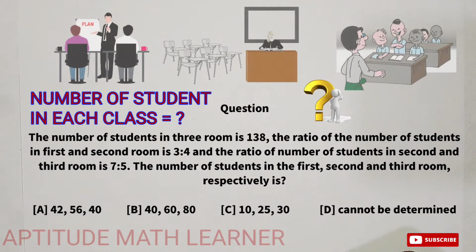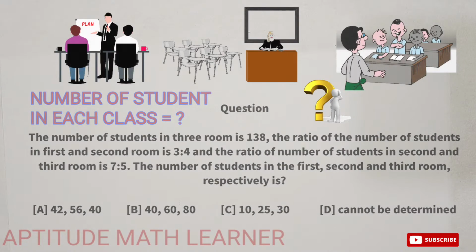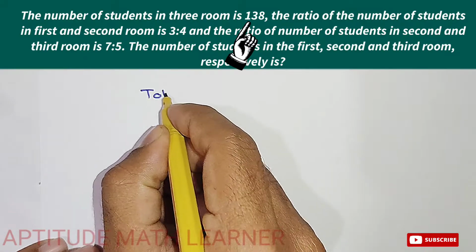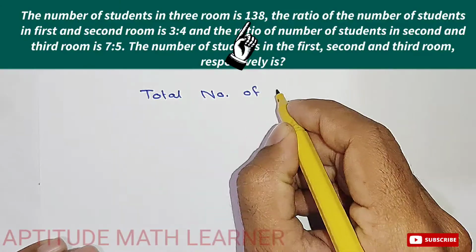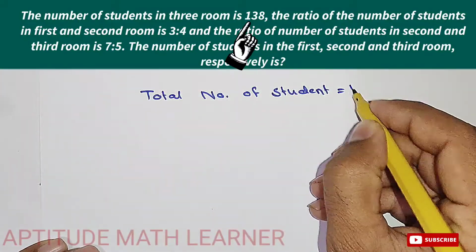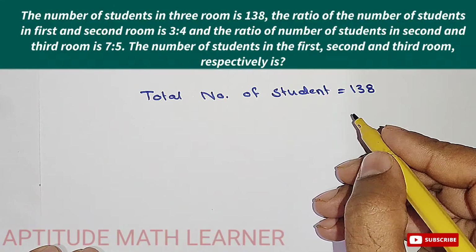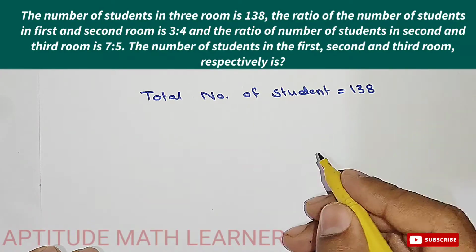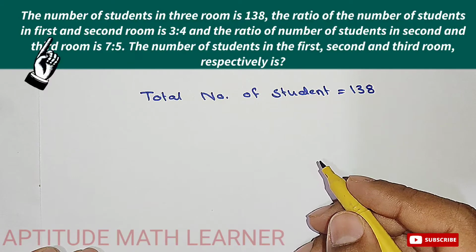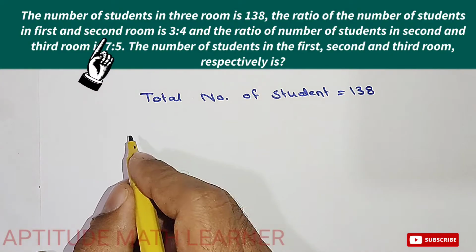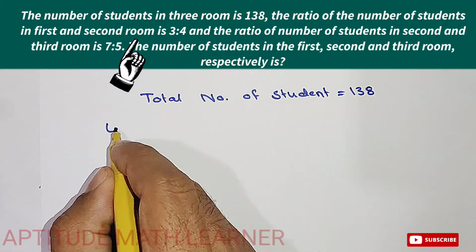So there are 3 rooms. For this, the first thing we do is take the total number of students, that is 138. So this is the strength of the students. The next thing we do, let the students in the first and second room be A:B.